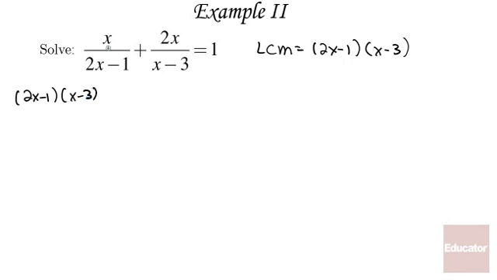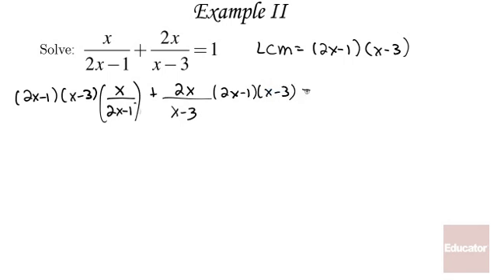Okay, so multiplying 2x minus 1 times x minus 3 times this first expression. And I'm doing this in order to get rid of the fractions. And I need to multiply both sides of the equation by the same thing.